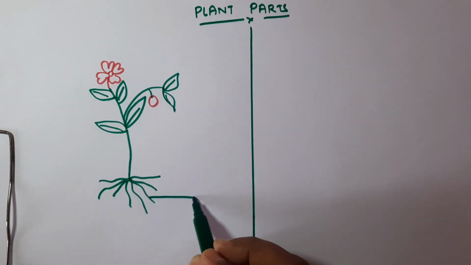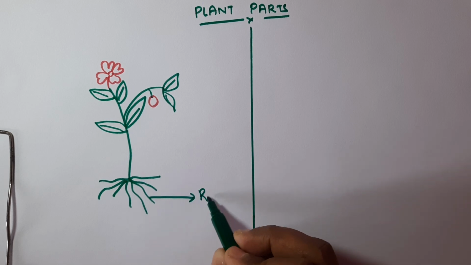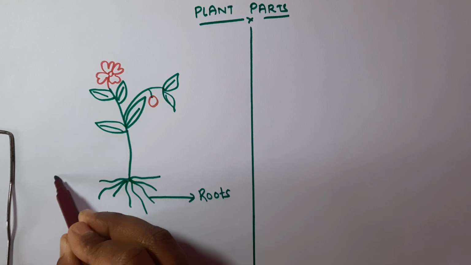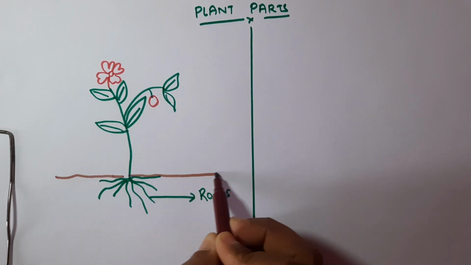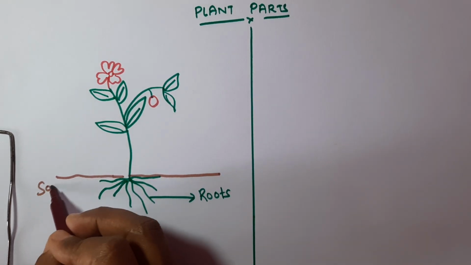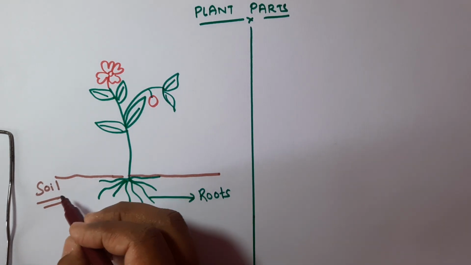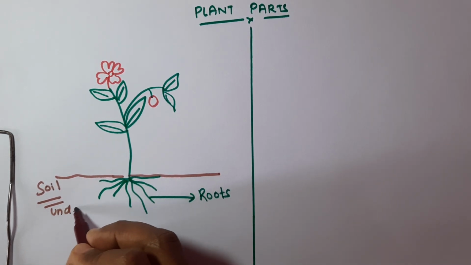So this underground portion is known as roots. Students, we all know what underground is. Underground is the portion that will be under the soil, beneath it.